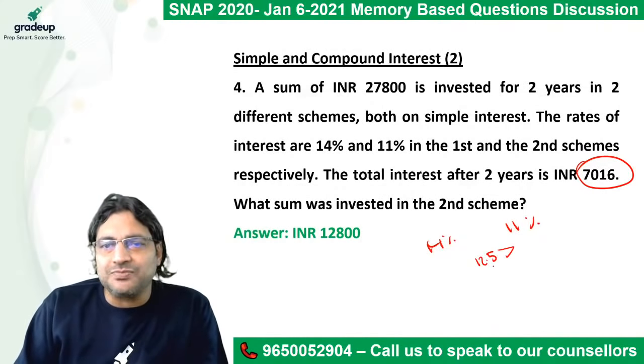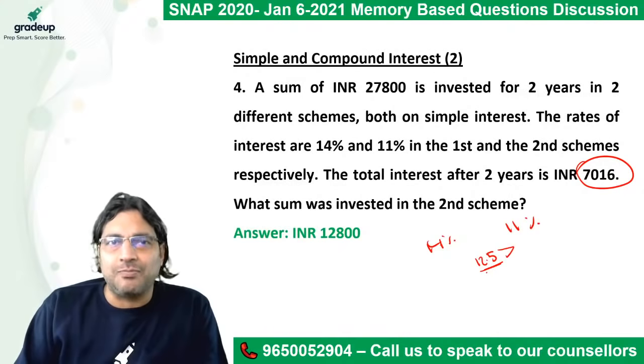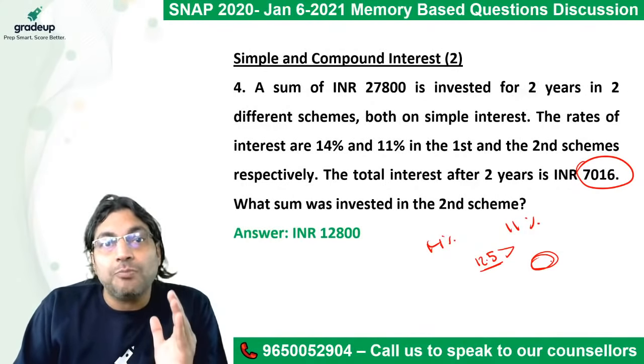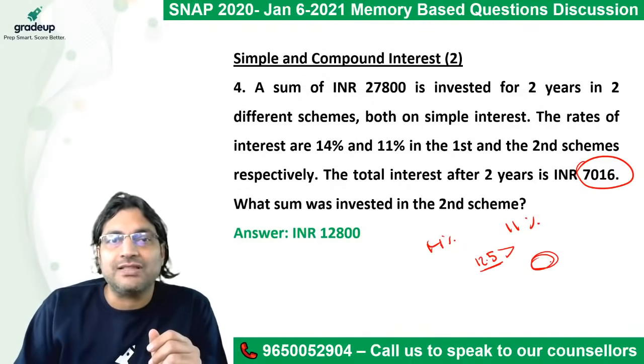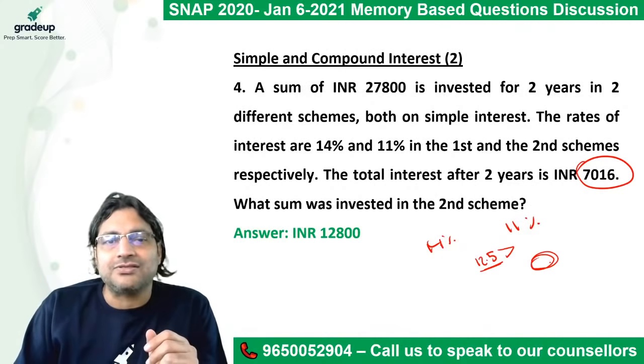But the rate of interest comes out to be more than 12.5%. Keeping that in mind, it becomes very clear that here on this side, it should be less than half. There was only one option which was less than half of 27,800, and it was 12,800. So this was the answer.